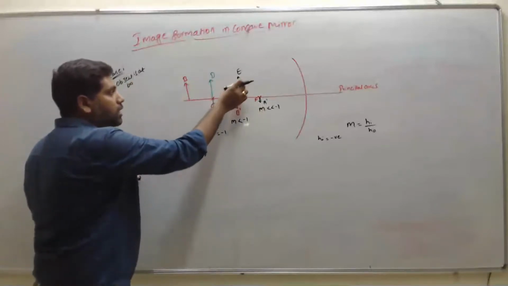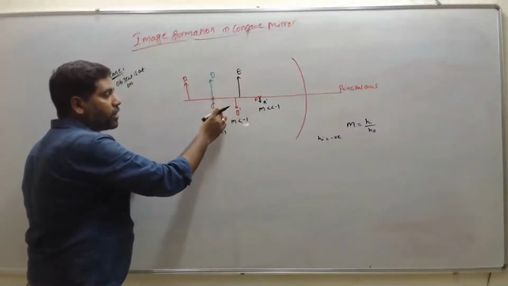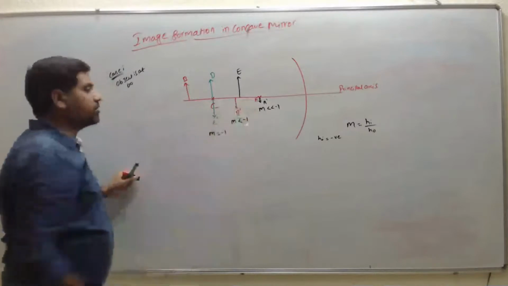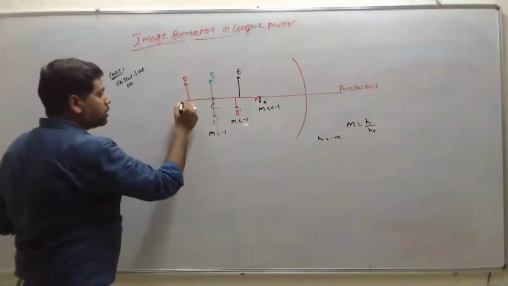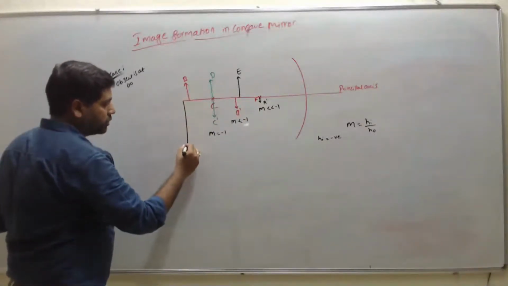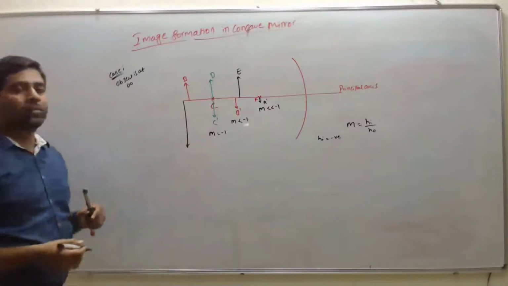If we place the object in between the center of curvature and the focus, then the image is formed beyond C. So that is here, right?